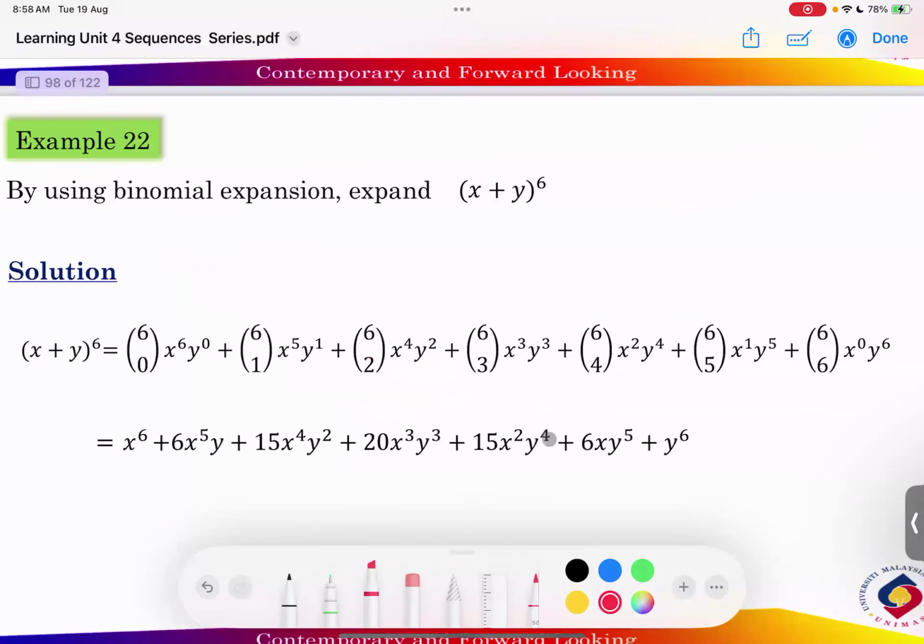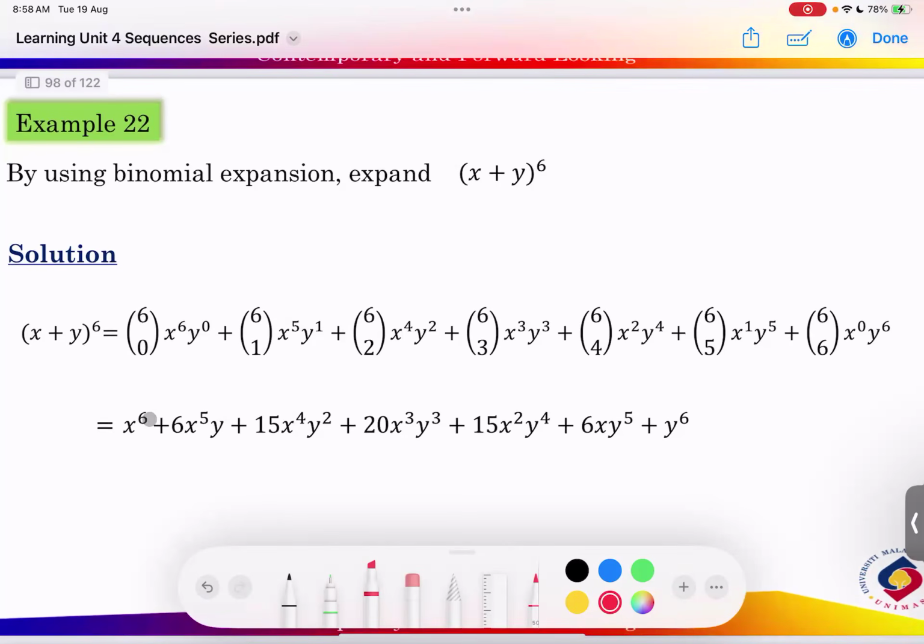Okay, this one, question B. By using binomial expansion, expand x times (x plus y) to the power of 6. You can see from here, we have 6C0, 6C1, 6C2, 6C3, 6C4, 6C5, 6C6.